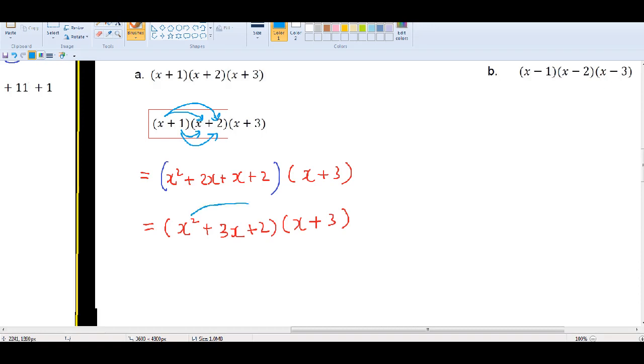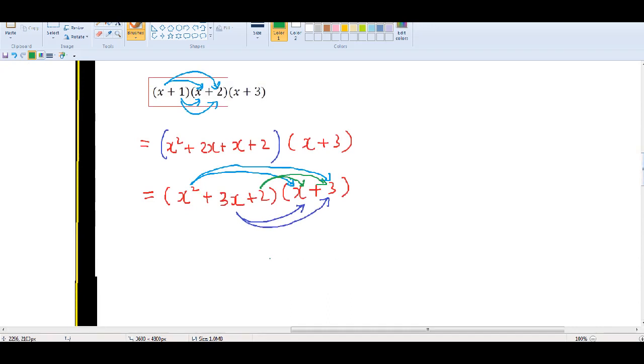Just like the FOIL method, I'm going to assign x squared to multiply the 2 terms in the second bracket, and also 3x to multiply the 2 terms in the second bracket, and lastly 2 to multiply. That's not a lot of arrows, but actually there are only 6 of them.